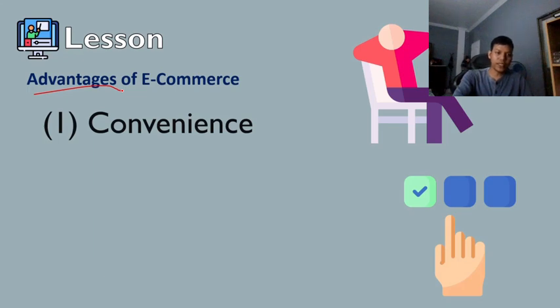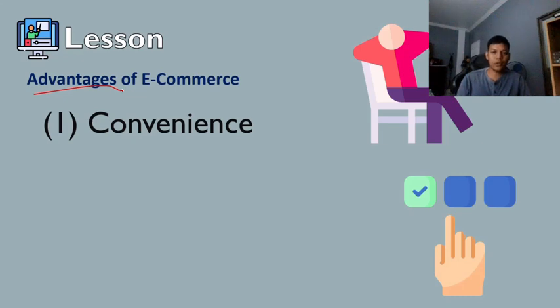You know, it is easy to make a transaction online rather than going to the actual or physical store. So convenience is one of the advantages of e-commerce because e-commerce can operate 24 hours a day, not like a physical store which opens at 8 in the morning and closes at 5 in the afternoon.